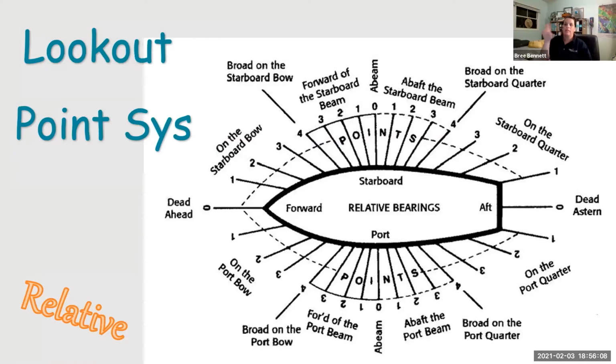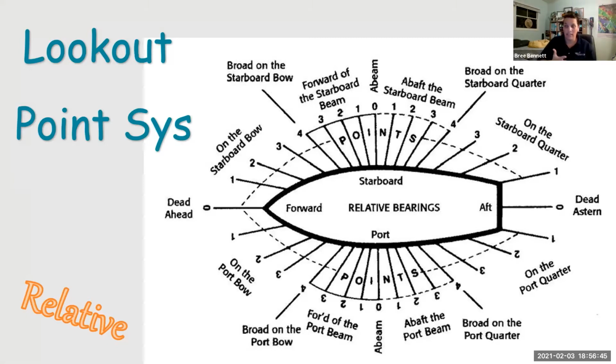So you have, again, 32 points, 11.25, but relative from the bow. And this is where you get the fancy terms of, you know, abaft the starboard beam or broad on the port quarter. Again, in the commercial world, people use these, but I would say most likely in the recreational world, they're going to go with the clock system.